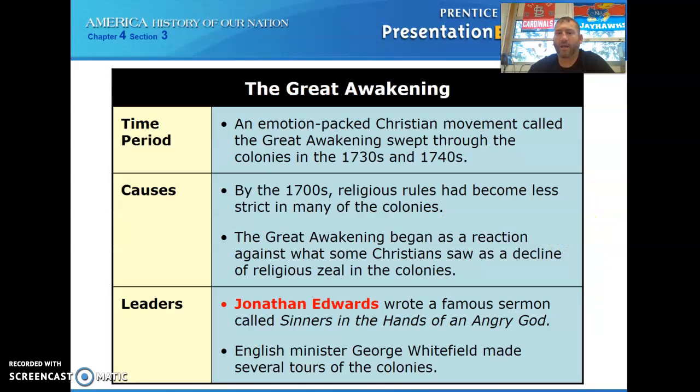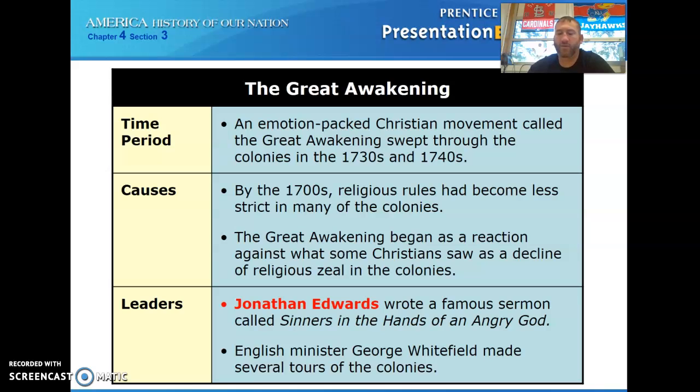The Great Awakening. An emotion-packed Christian movement called the Great Awakening swept through the colonies in the 1730s and 40s. By the 1700s, religious rules had become less strict in many of the colonies. The Great Awakening began as a reaction against what some Christians saw as a decline in religious zeal in the colonies. Jonathan Edwards wrote a famous sermon called Sinners in the Hands of an Angry God.